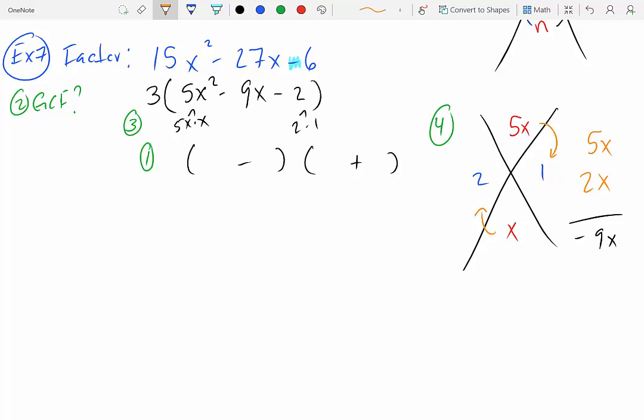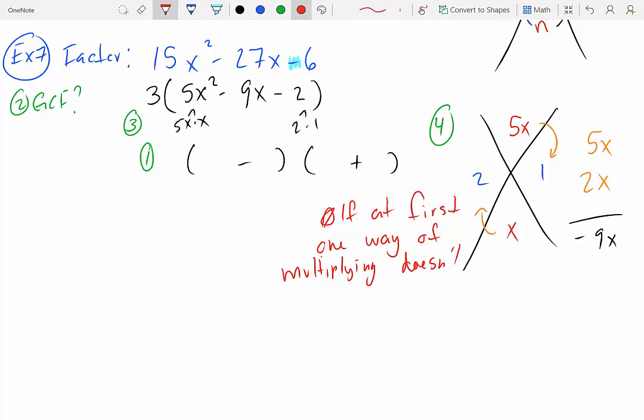So what that's saying is we should try the other way. If at first one way of multiplying doesn't work, try the other way.